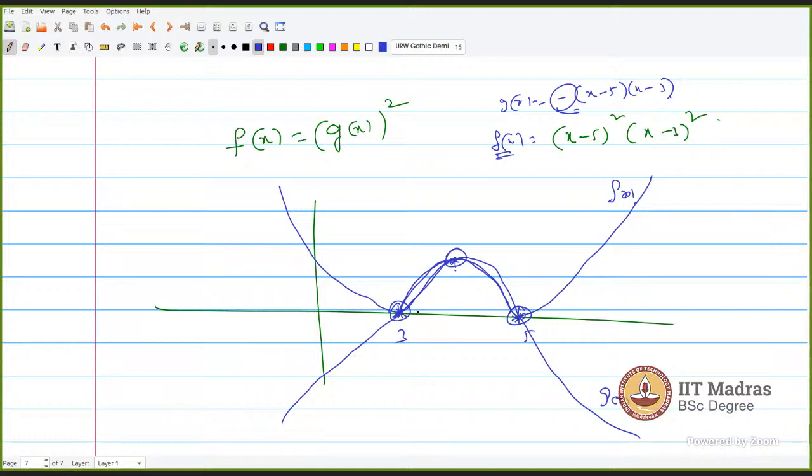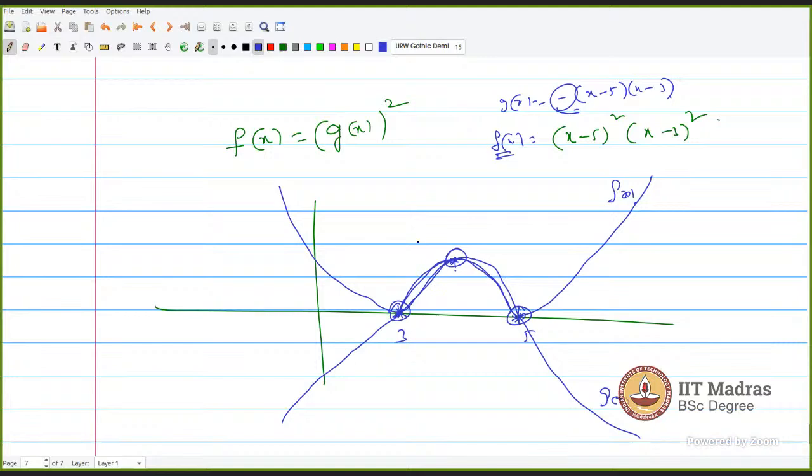Yeah, see, we directly said that f of x and g of x intersect only at 3 points. Okay. Even if you draw these graphs of f of x and g of x in decimals, you will get pretty much the same graph, or not the same graph, roughly this graph.